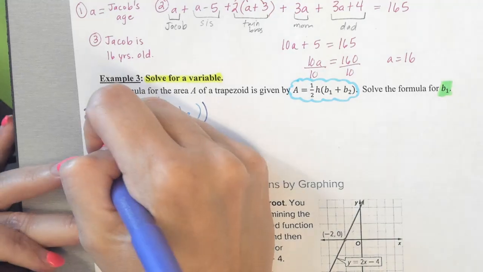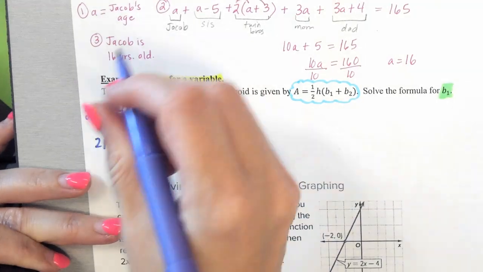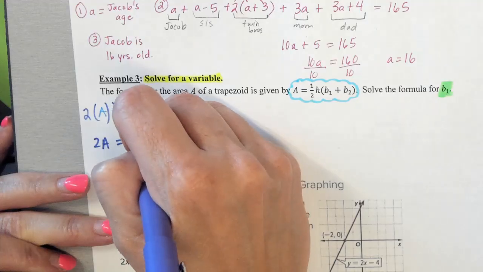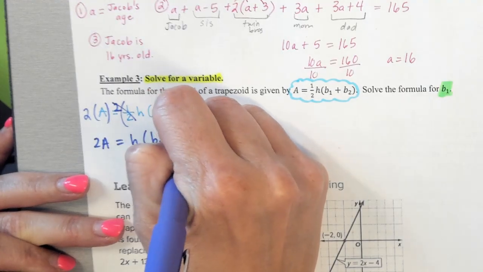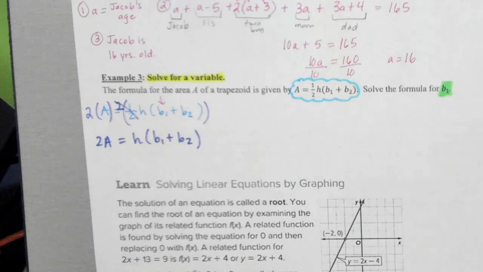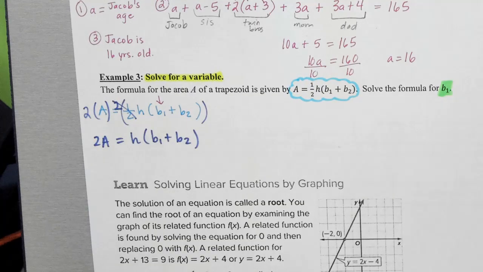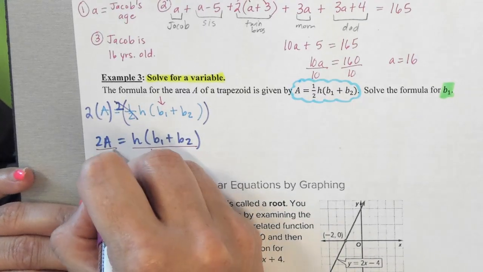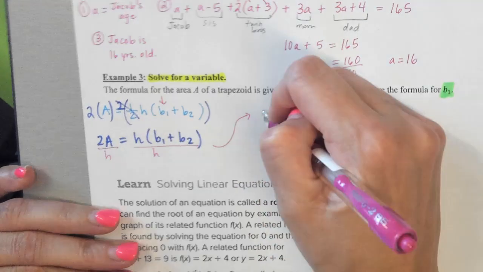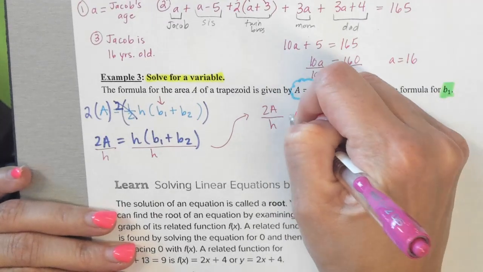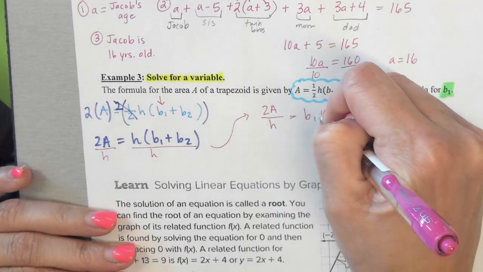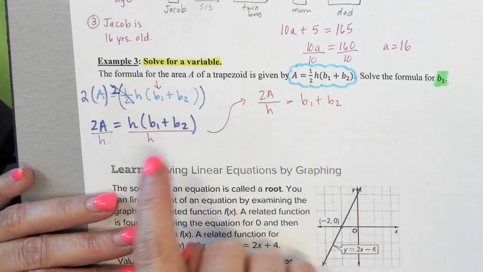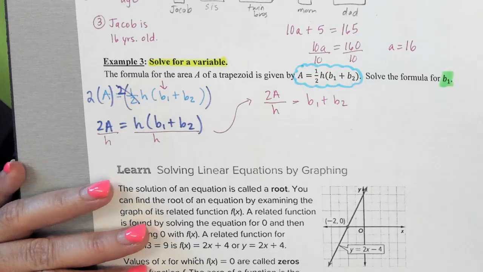Okay, so when you multiply by 2, you're going to get 2a is equal to 2 times 1/2 makes 1. So you just have h times b1 plus b2. So then we are going to divide both sides by h. And then you don't need your parentheses anymore when they're on the side with nothing in front or behind them.